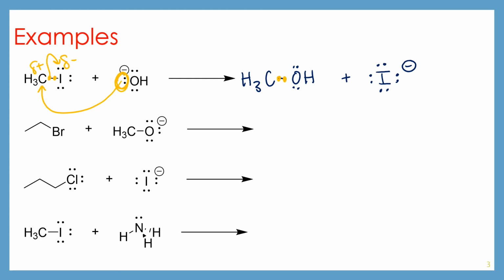So in the next one, we have methoxide and bromoethane. The ethoxide can attack the carbon that's attached to the bromine, which will have a partial positive on it. Bromine has all these lone pairs on it. It can take the electrons from that bond. And now, instead of an alkyl halide, we have an ether.